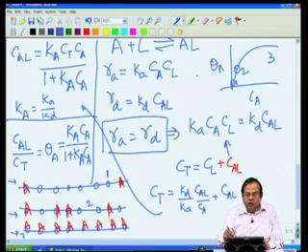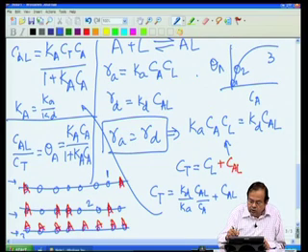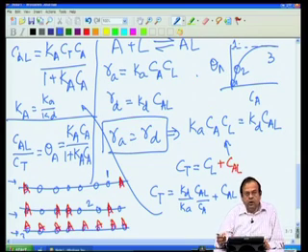Once all the sites are occupied, even if you increase the concentration of A, no more active sites are available on the catalyst and therefore, the coverage cannot increase. In other words, the fractional coverage theta will reach a value of 1.